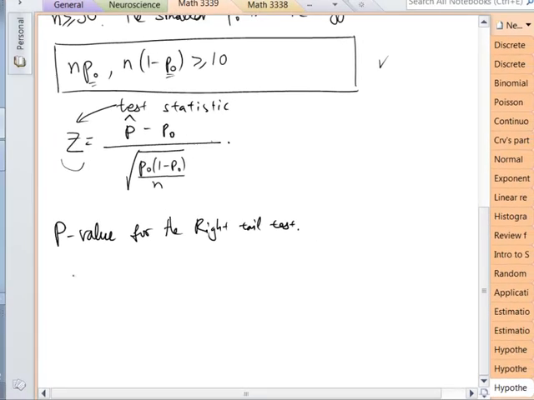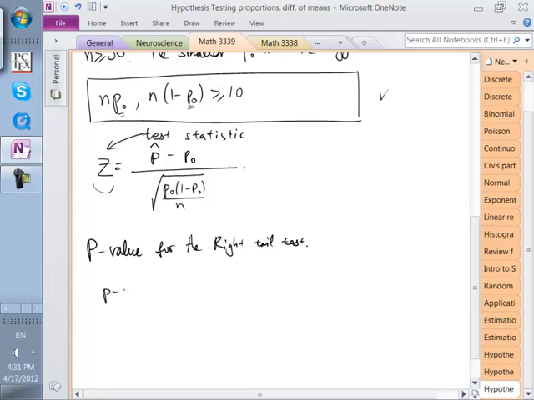The p-value is always the type 1 error probability. So what is the condition for a type 1 error? It's a conditional probability. The null hypothesis being true, that's the condition.